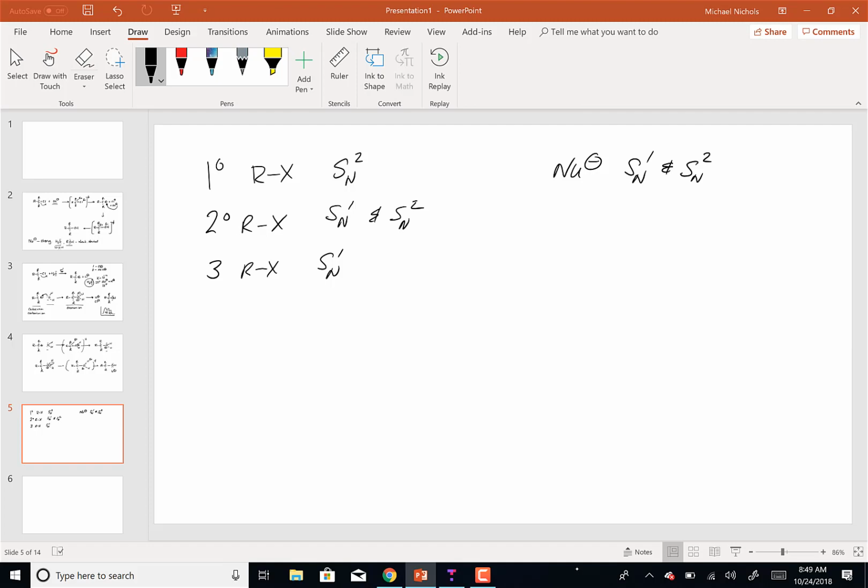Now, a neutral nucleophile can only undergo SN1 because it isn't that rich. Yeah, it's got some lone pairs, but it doesn't have a negative charge. And so it can only give to the poorest of the poor, which is the carbocation.